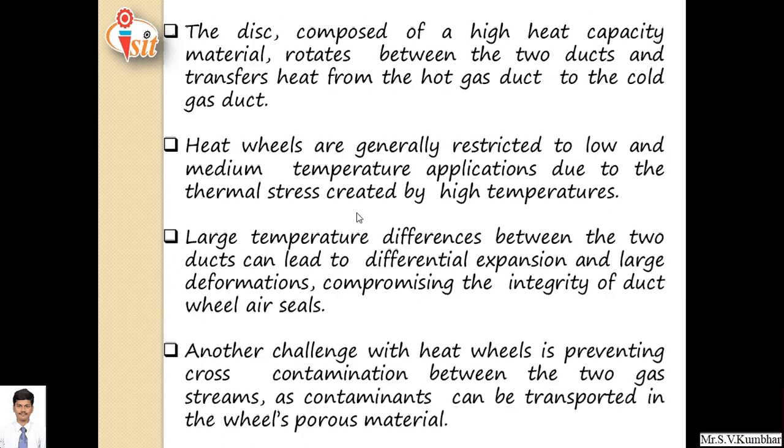The disc, composed of a high heat capacity material, rotates between the two ducts and transfers heat from the hot duct to the cold duct. Heat wheels are generally restricted to low and medium temperature applications due to thermal stresses created at high temperature. This is all about heat wheels.